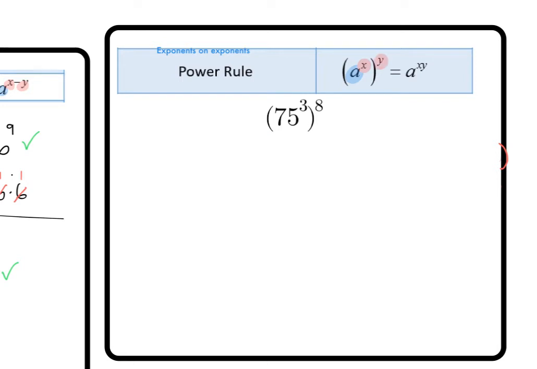And then we're saying that that is going to equal my base with the exponents multiplied. So here's my base, and here's my exponents. I go ahead and follow the rules, which tell me that this will be 75 to the 3 times 8, which is 75 to the 24th power.